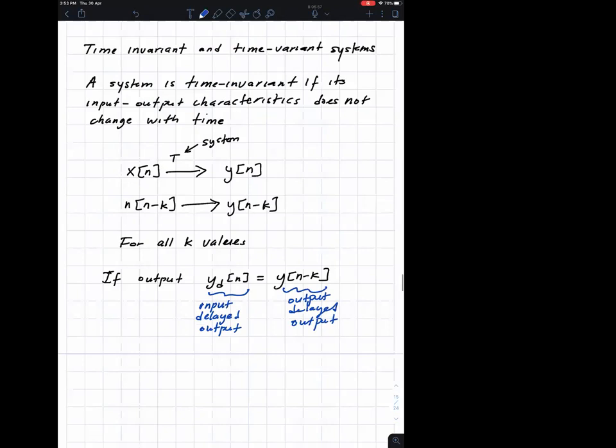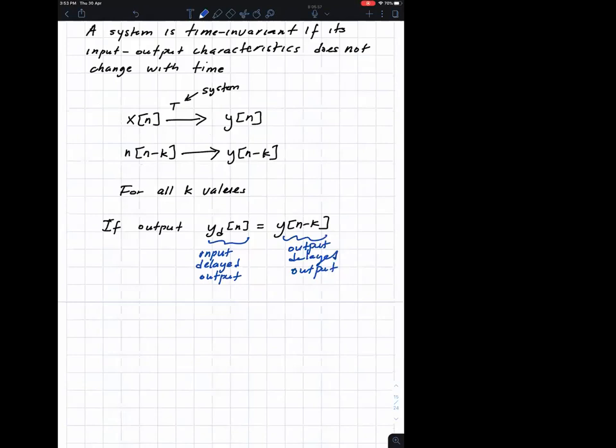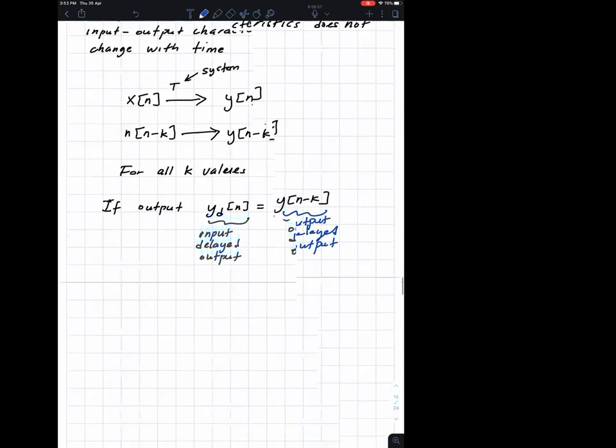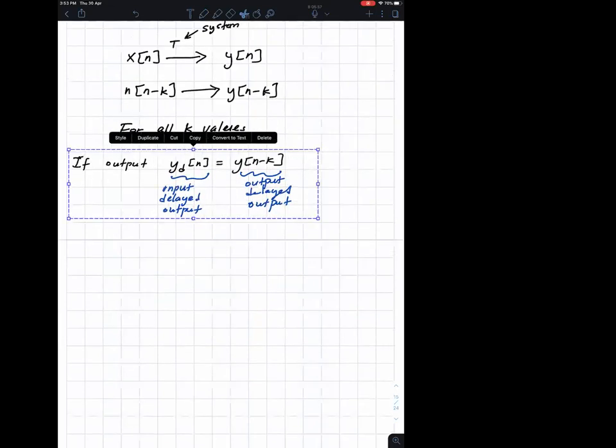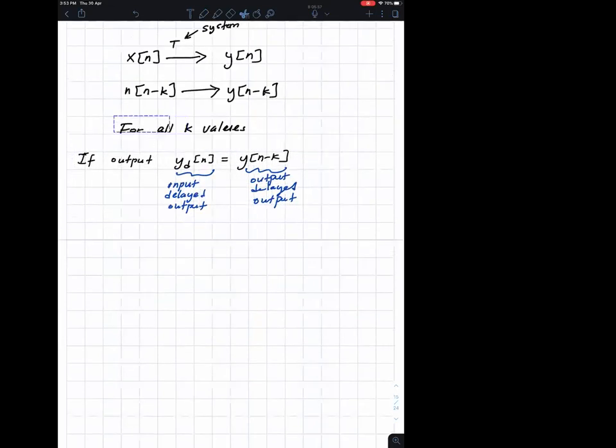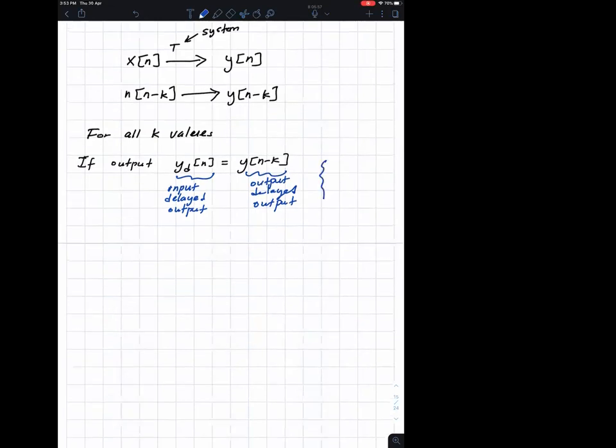So if these two are equal, then it's time invariant.